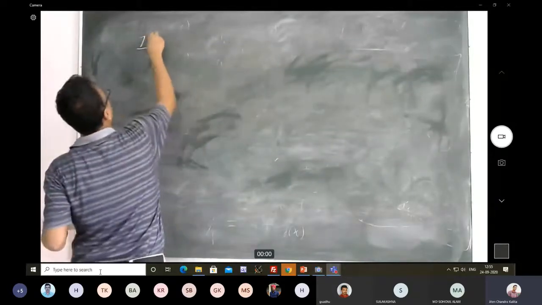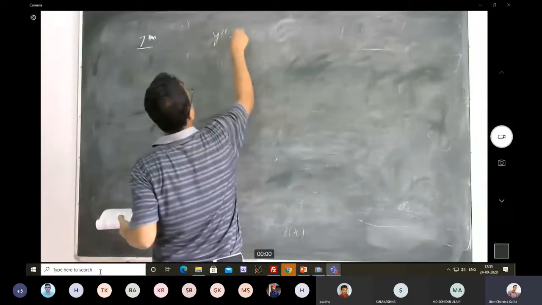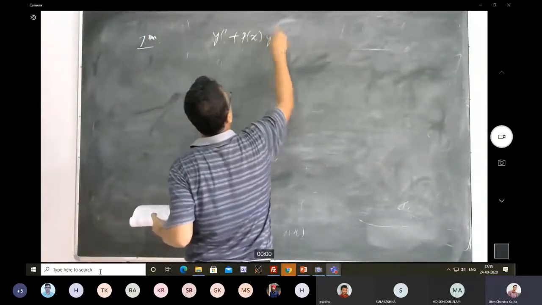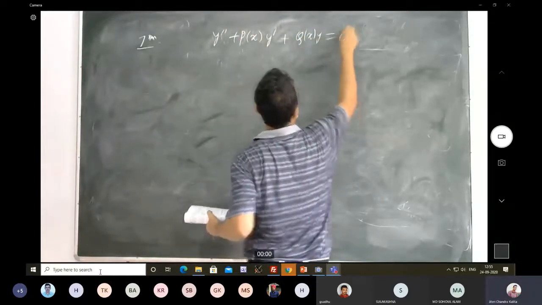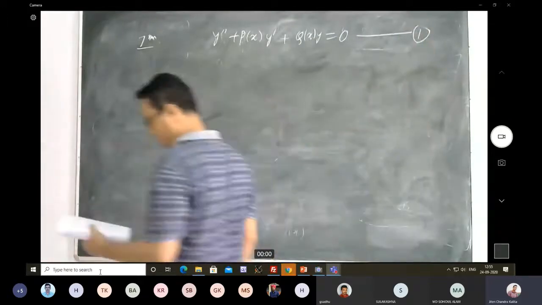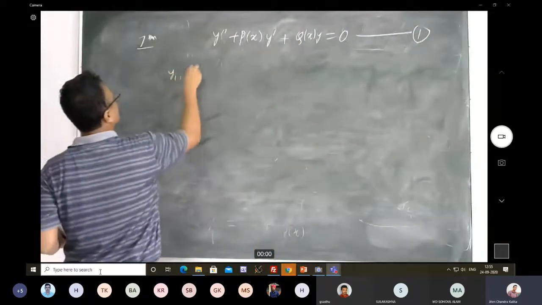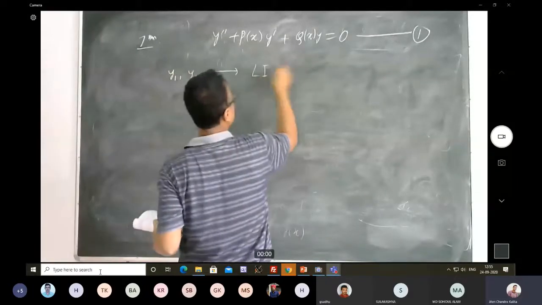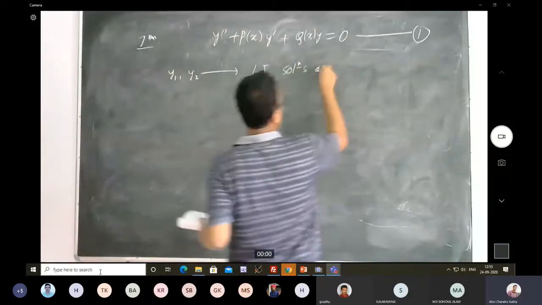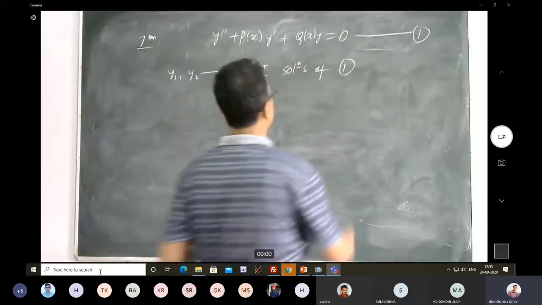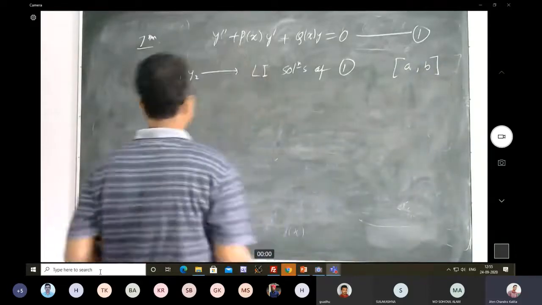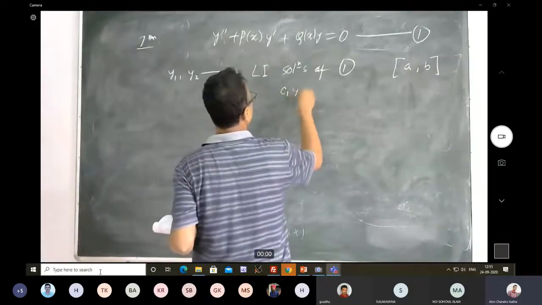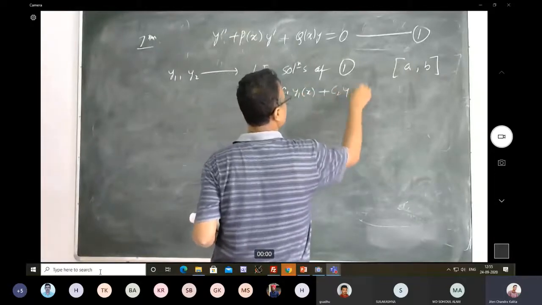Okay. So you have been given this differential equation. Suppose I call it 1, and I have been given that y1, y2 are linearly independent solutions of 1. This is my input, and of course, in the interval (a, b), so then C1 y1(x) + C2 y2(x), I have been told that.